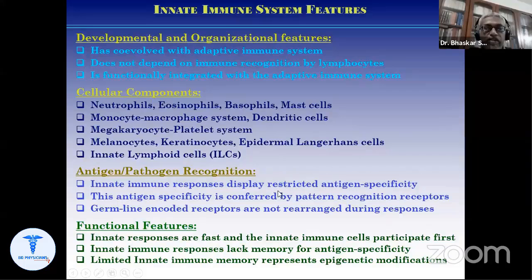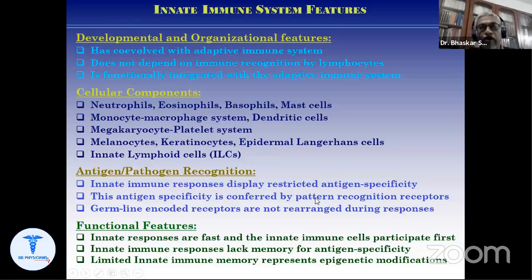Innate immune responses display restricted antigen specificity. This antigen specificity is conferred by pattern recognition receptors, and these germline-encoded receptors are not rearranged during responses. So that is the fundamental difference that we have seen from the first slide, that these pattern recognition receptors, or the innate receptors, appeared first, and they are encoded in the germline, but they cannot be rearranged during the immune responses.